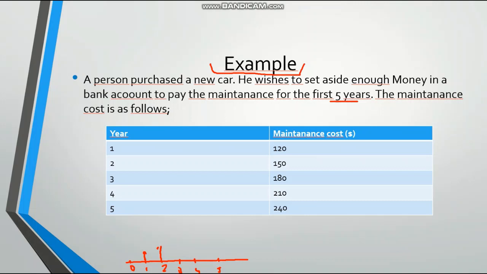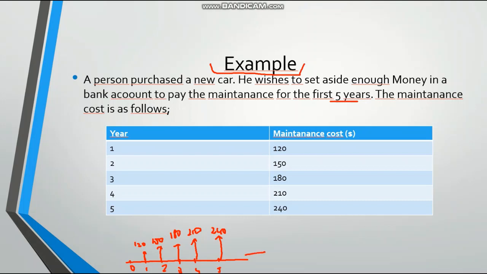All of them increase year by year. So let's draw these terms: it starts with 120, then goes to 150, then 180, 210, and 240.